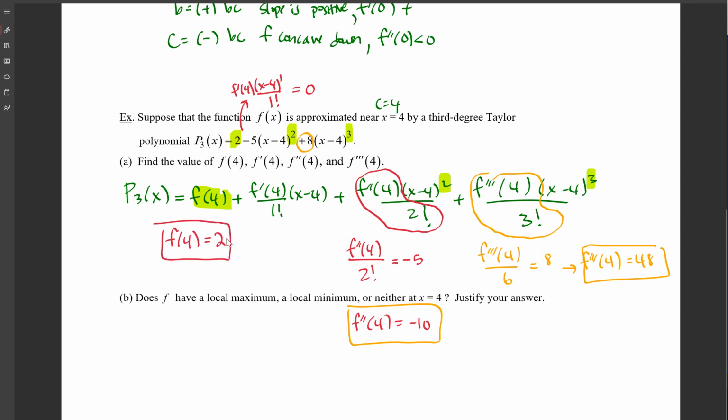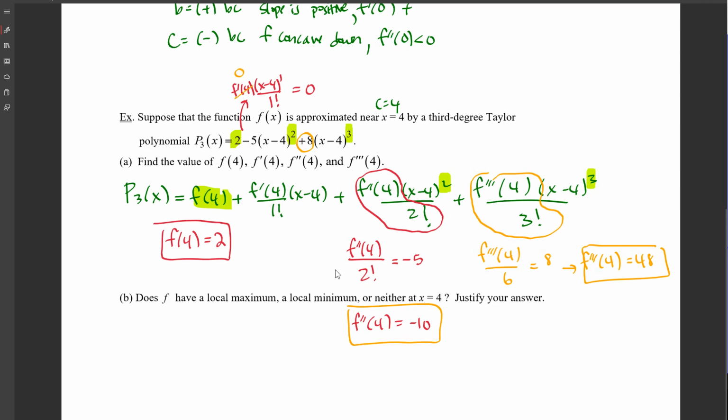And I think I have found everything. No, I haven't. I still need to find the f prime at 4. And what do you think the f prime at 4 is? Well, in this problem here, this f prime at 4 must have been what? Right, this right here must be 0, okay? Because there's no term here for f prime.